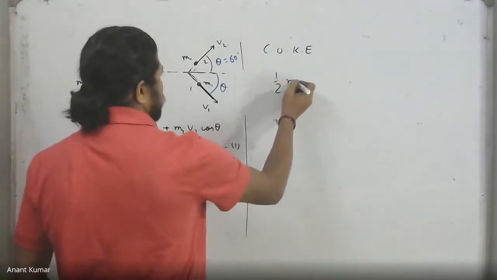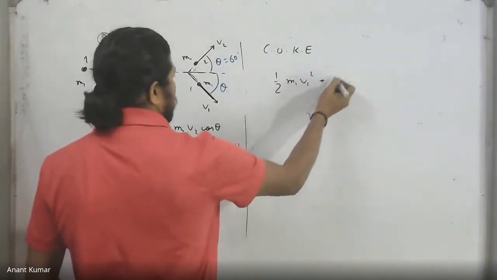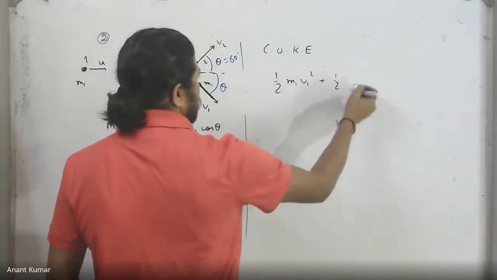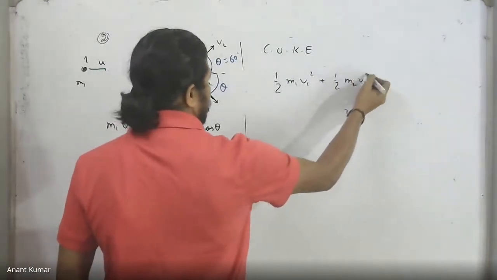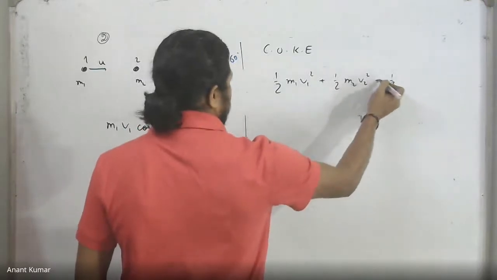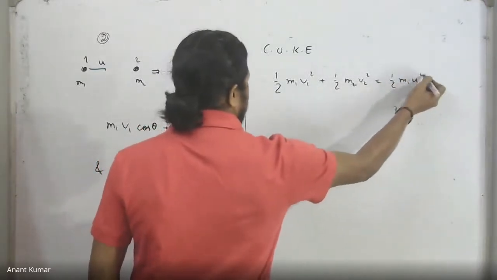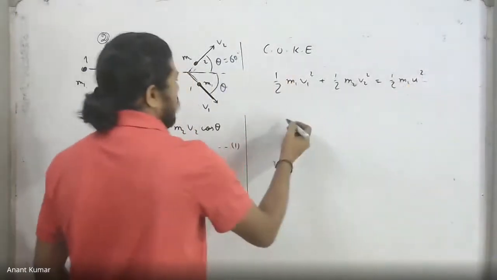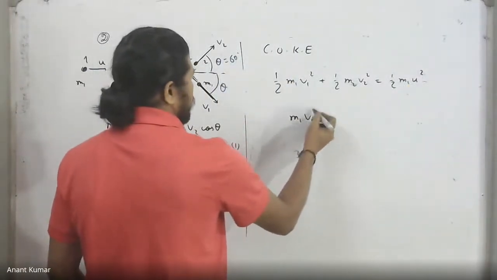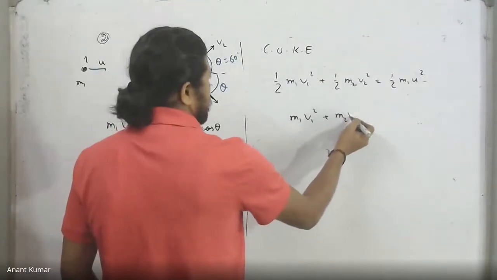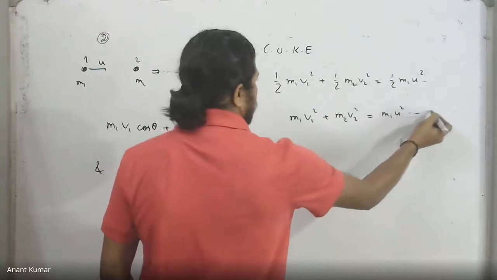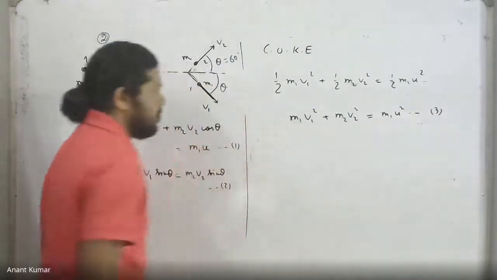I get half m1 v1 square plus half m2 v2 square. That must be half m1 u square. Okay, I can just cancel out the half factor. We end up getting m1 v1 square plus m2 v2 square equal to m1 u square. So the third equation I've got.